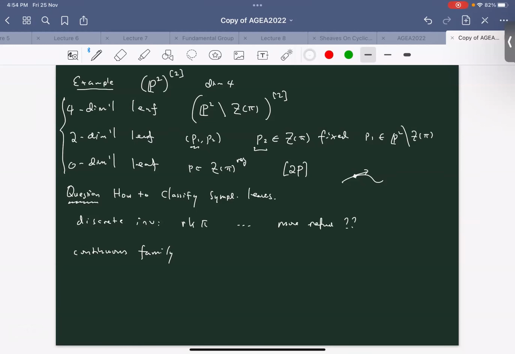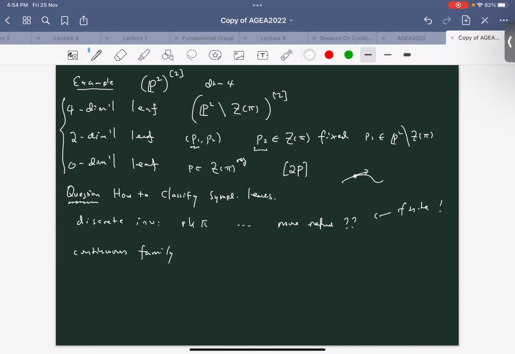But we expect to have discrete invariants so that it's finite. We don't want this discrete invariant to take infinitely many possible values, because my manifold itself is bounded, right? So I expect the discrete invariant to correspond to a certain stratification, which is finite. This is very important.